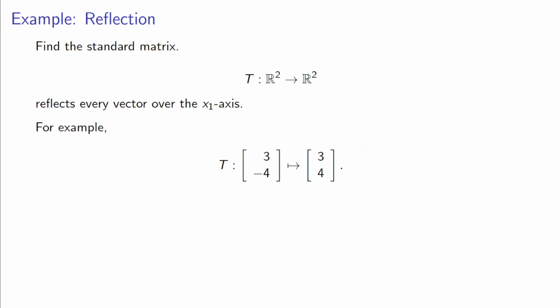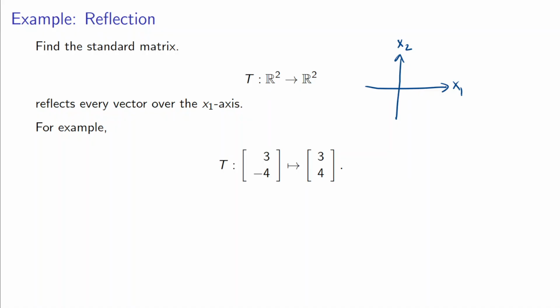Next one, suppose T goes from R2 to R2, where it is going to reflect every vector over the x1 axis. So sort of a geometric description here. In this case, we're thinking of that horizontal axis as the x1 axis. And so we're reflecting over that x1 axis.